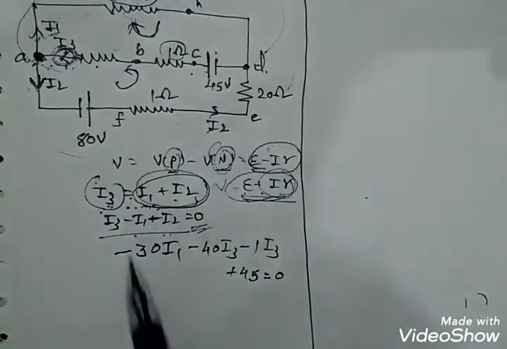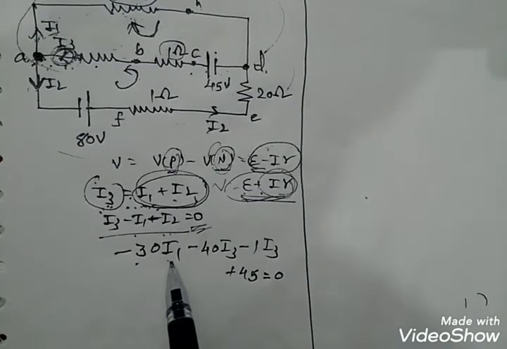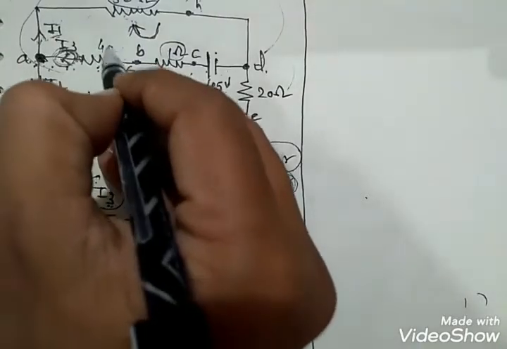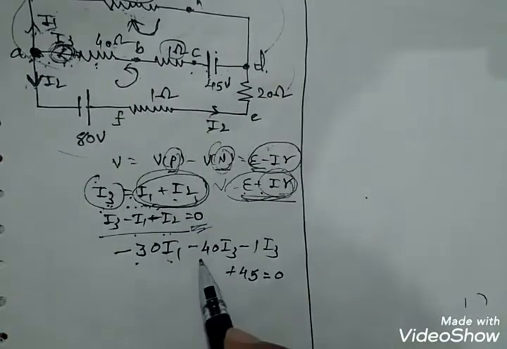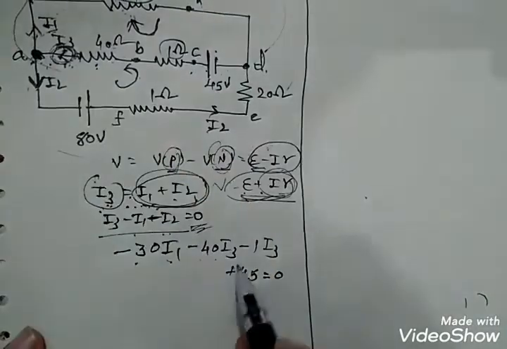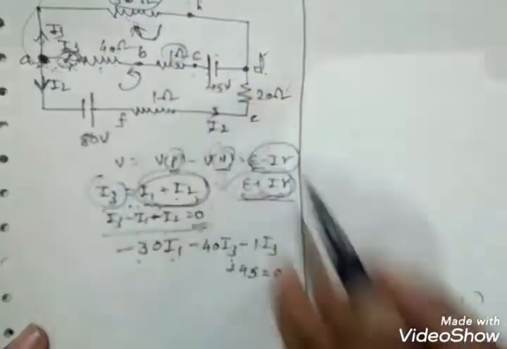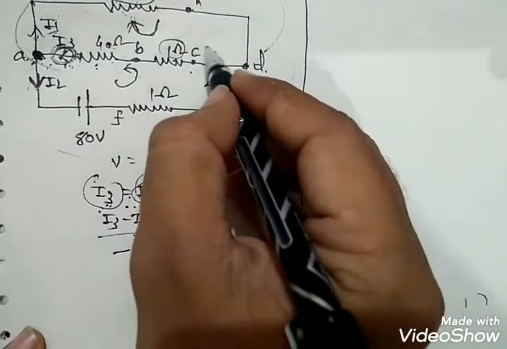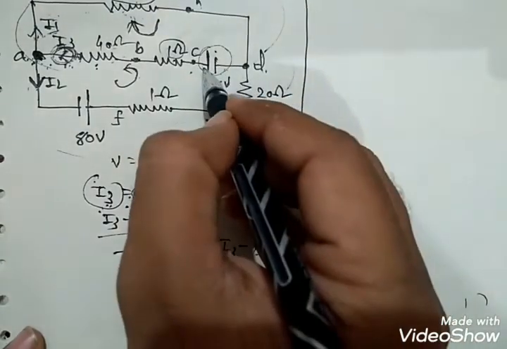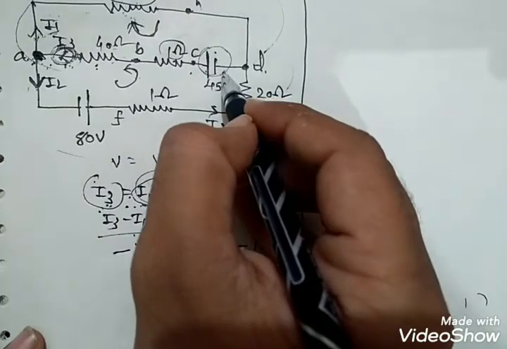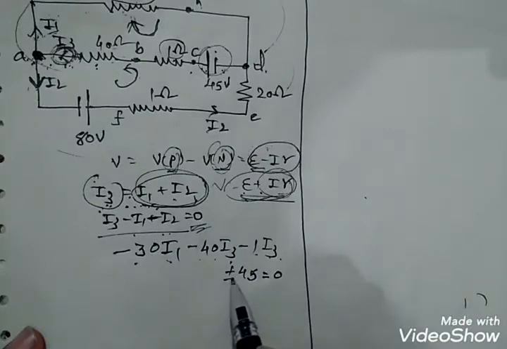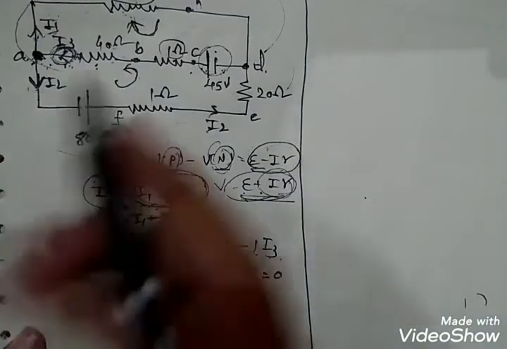So minus 30 I1. The second one, the 40 ohm, means minus 40 I3, minus 1 I3. And for the EMF, the direction is positive to negative, which means negative.